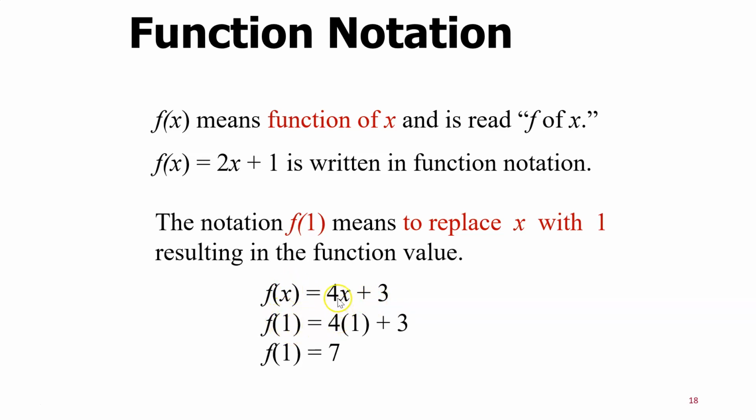So you will have 4 times this x, no longer x, it's become 1. 4 times 1 plus 3. So the function of 1, f of 1, will result in the range or the output of 7. So this is how you do your function.